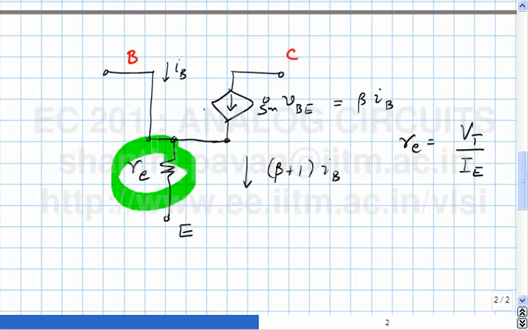So is this a small signal thing or a large signal thing? They're all small signal parameters. And just like how GM is defined to be IC by VT, and we know how the definition came about, we now also know how the definition of re came about, and that is just a network manipulation of the hybrid pi model.